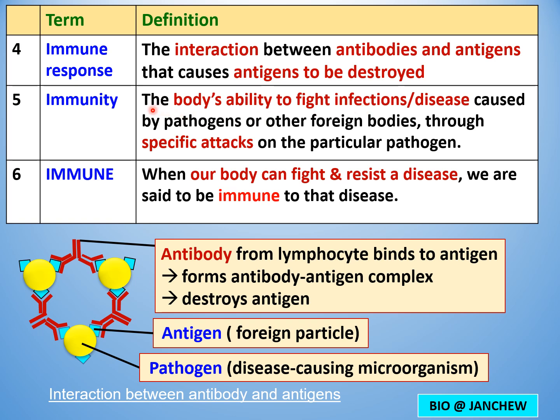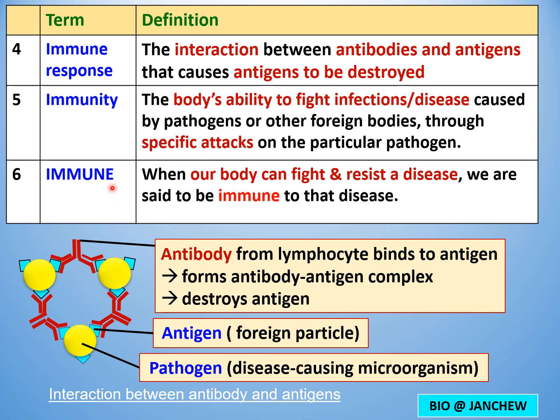On the other hand, a person with a very weak immune system or low immunity towards a disease will fall sick when the particular pathogen that caused that disease infects his body. He will fall sick because he has low immunity towards the disease.